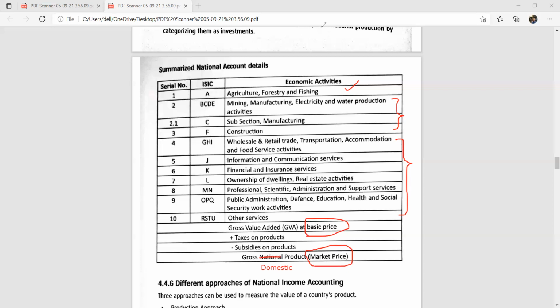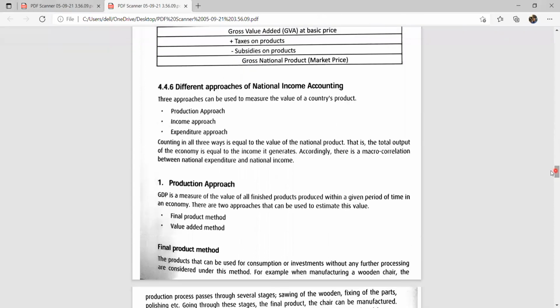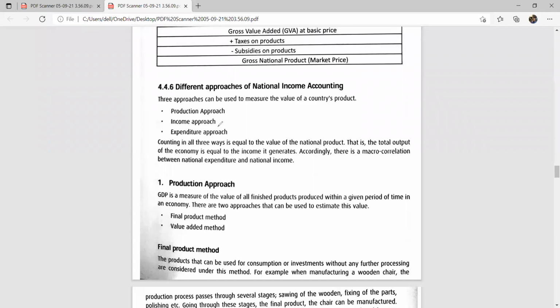Now, we are going to consider the way of calculating national accounts. Actually, there are three approaches: production, income, and expenditure. There is a circular flow of income, then production equals income, then income equals expenditure.